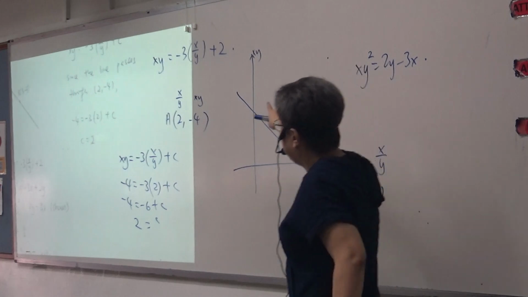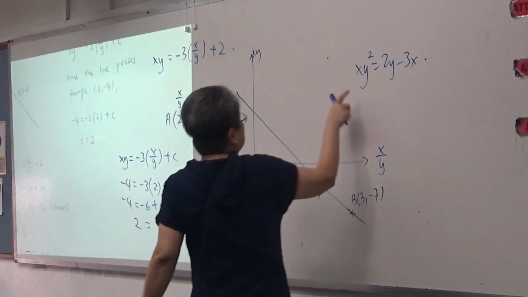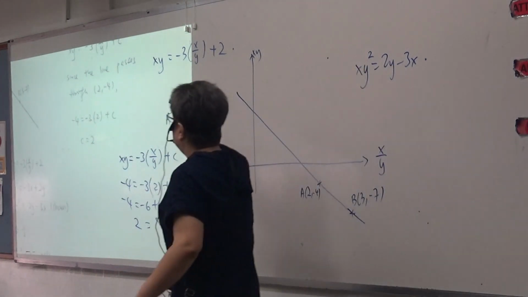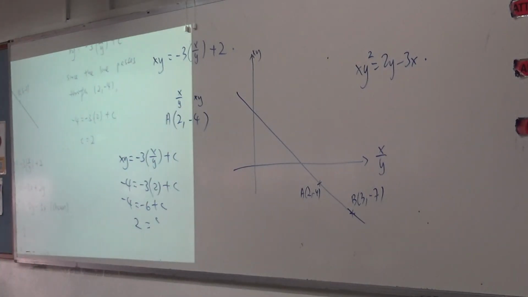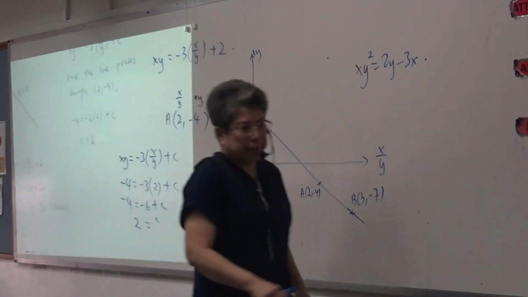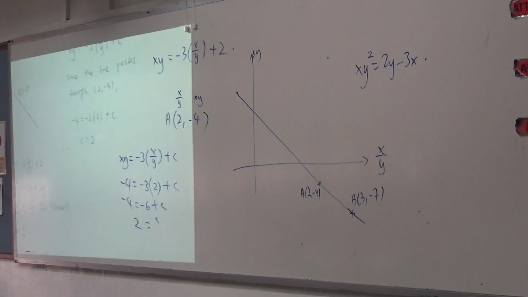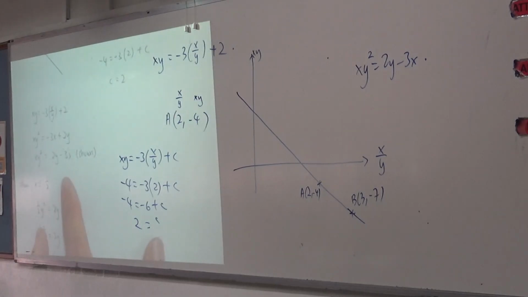Okay, now you compare this one and this one. This one got square, this one no square. So what does it suggest to you? Multiply throughout by what? Y. Agree? Okay, so I'm going to multiply throughout by y. Okay, all of you look up.